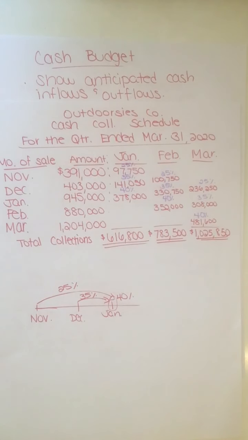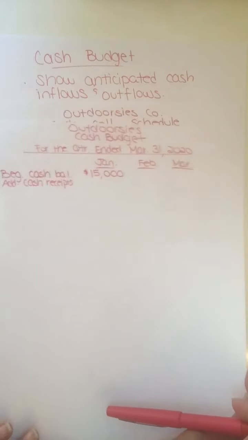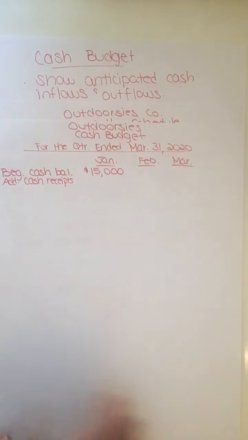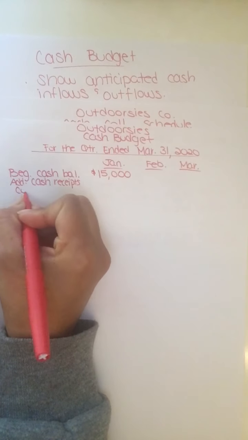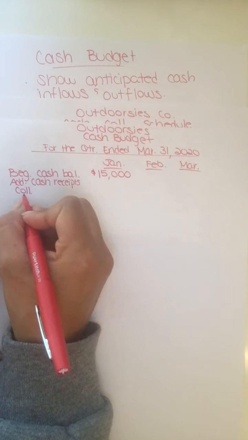So that's our cash collections schedule. Let's put it in, and we call it collections from customers. I like to indent it so I know I'm still in the cash receipts section.